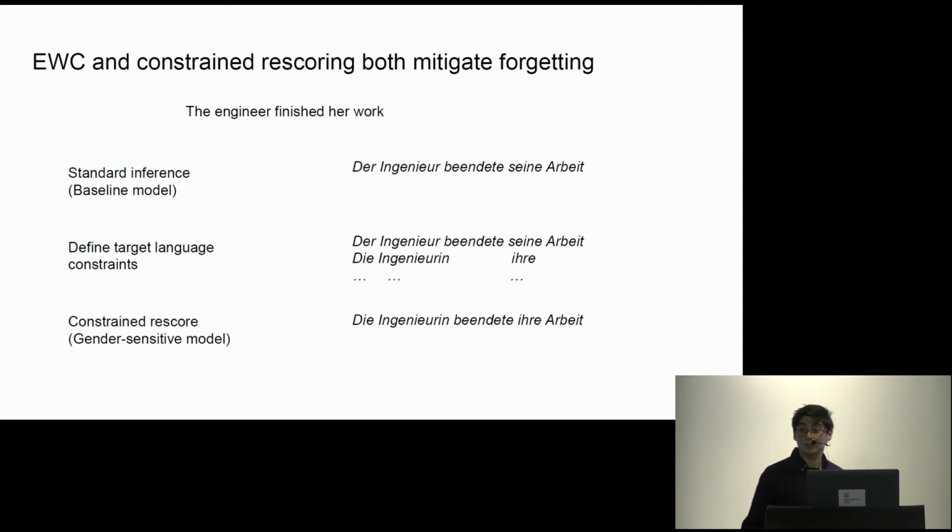So we tried 2 of them, elastic weight consolidation and constrained rescoring. Elastic weight consolidation I've already mentioned. Constrained rescoring takes some inspiration from the ensembling part of my talk, where we had this intuition that actually certain parts of the sentence might benefit from one domain, certain parts might benefit from another domain. We don't need the gender-sensitive model to translate every word in this sentence.